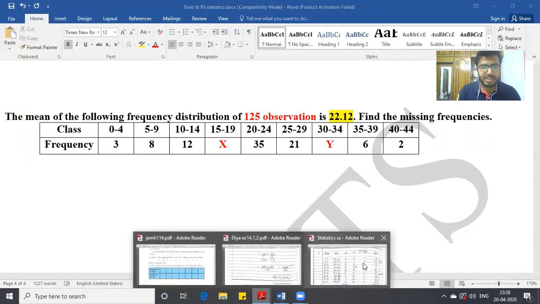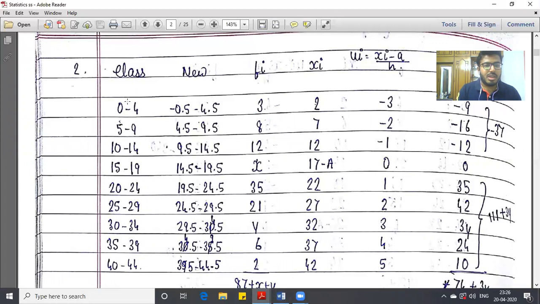So going into the answer, look here, from 0 to 4, that is minus 0.5 to 4.5. If you have to find out the xi, what you'll do: 4.5 plus minus 0.5, that is 4, divided by 2 is how much? 2. So you got the xi as 2. Now how much is the class length?